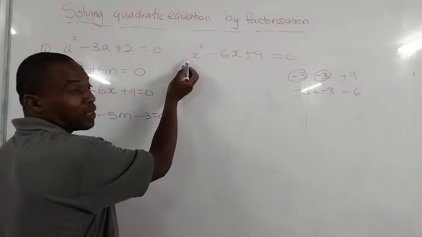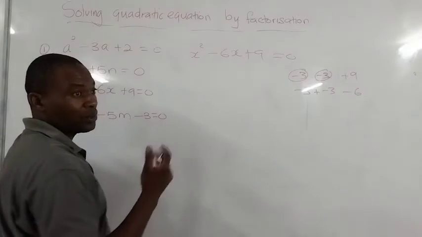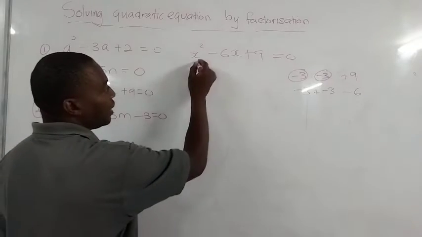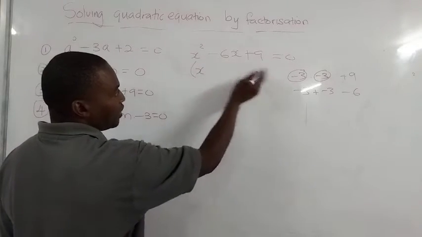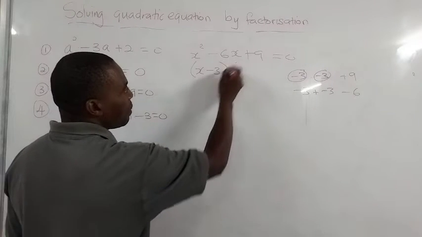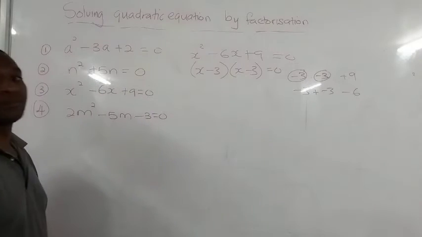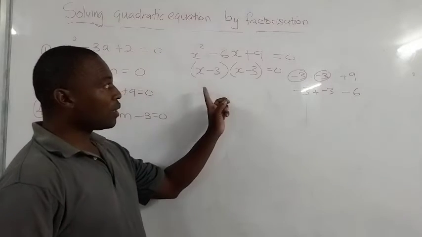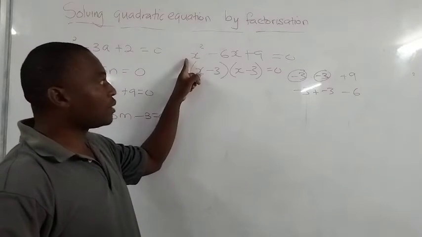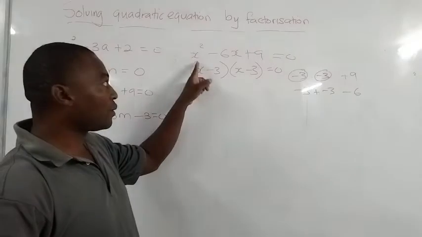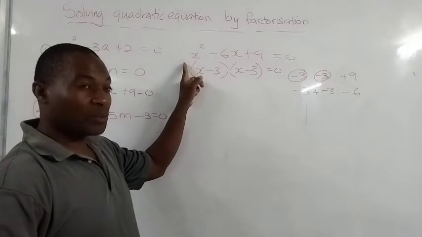Since the coefficient of x squared is 1, we can apply a shortcut, that is x. The factors are x minus 3 times x minus 3 is equal to 0. You only do this if the coefficient of x squared or the unknown you are having is positive 1.